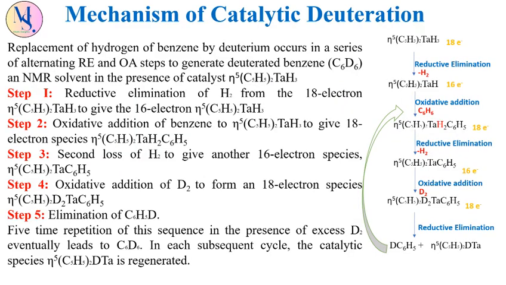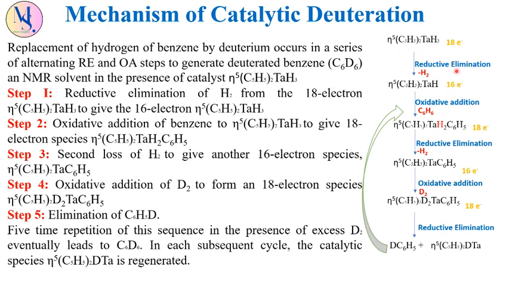Here is a mechanism of catalytic deuteration, which involves the replacement of hydrogen of benzene by deuterium, which occurs in a series of alternating reductive elimination and oxidative addition steps in order to generate the deuterated benzene, which is an NMR solvent, in the presence of a suitable catalyst, for example, the catalyst containing transition metal tantalum.